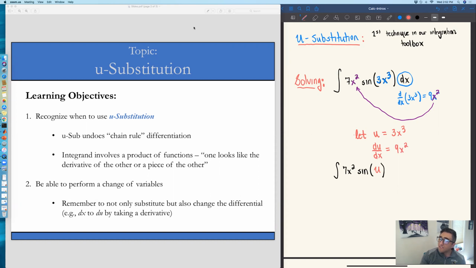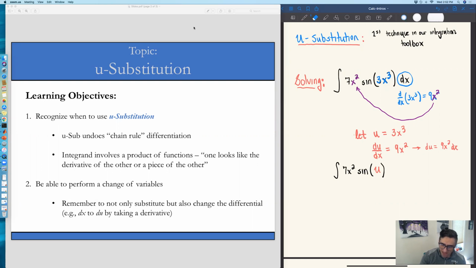And the nice thing is we can think about that du in the numerator, or that dx sitting down there in the denominator, separately. So what we can do next is just cross multiply that dx onto the other side. So we have du is equal to 9x squared times dx. What we need to figure out is what dx is in terms of du.